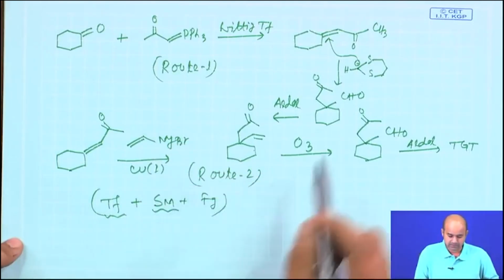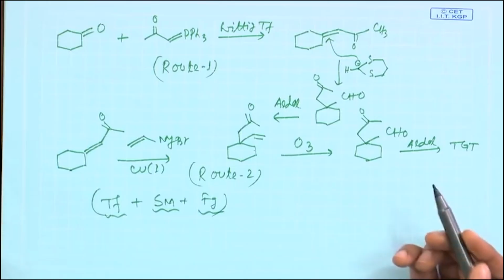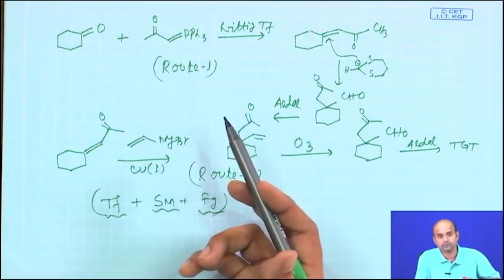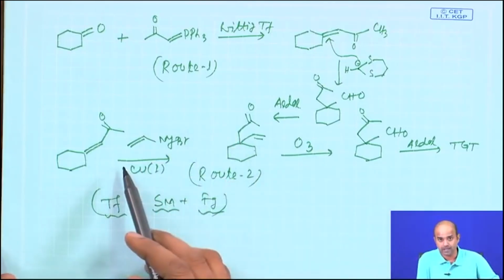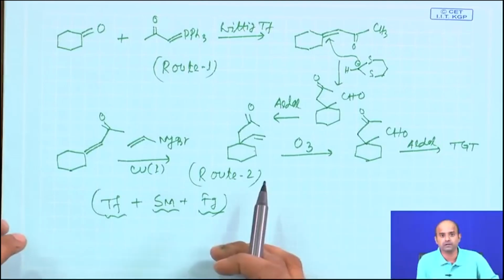Starting material: the cyclohexanone was given to you, so you design based on what reactions are available to cyclohexanone to reach the target molecule. And functional group means if you have an alpha beta unsaturated ketone, which is very familiar for a Michael type of reaction. In that way you can choose your appropriate pathway. So, transformation, starting material, functional group, all are in action here.